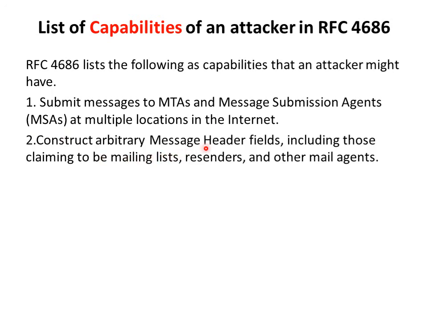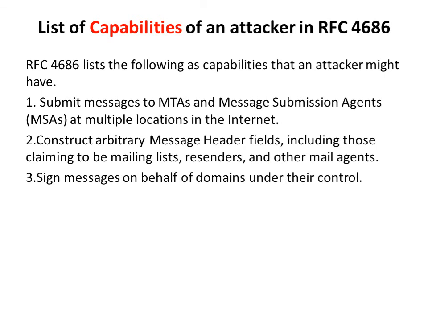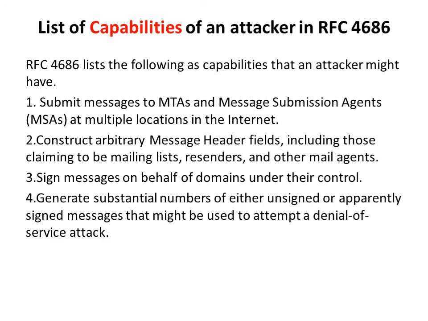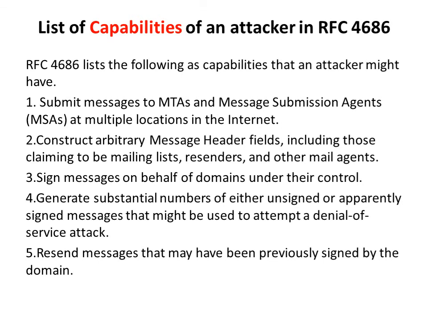Second, construct arbitrary message header fields, including those claiming to be mailing list senders and other mail agents. Third, sign a message on behalf of domains under their control. Fourth, generate a substantial number of either unsigned or apparently signed messages that might be used to attempt a denial of service attack. And fifth, resend messages that may have been previously signed by the domain.